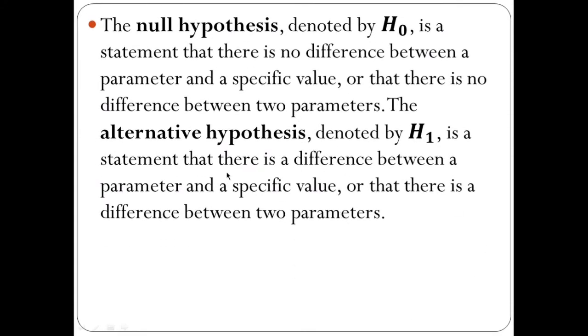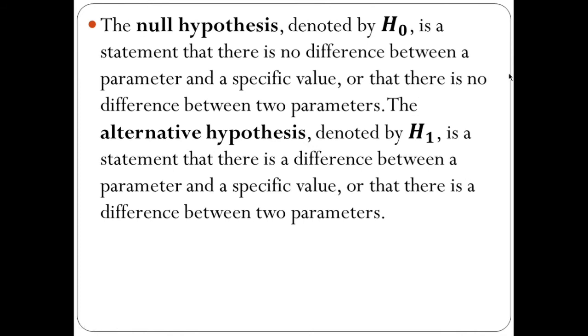Okay, so the null hypothesis denoted by H sub O is a statement that there is no difference between a parameter and a specific value, or that there is no difference between two parameters. Okay, so yan yung tinatawag natin na invalid.